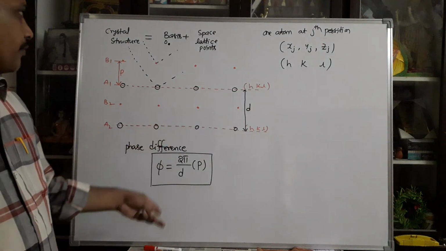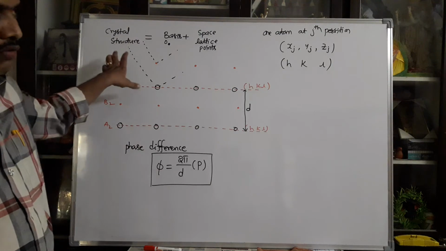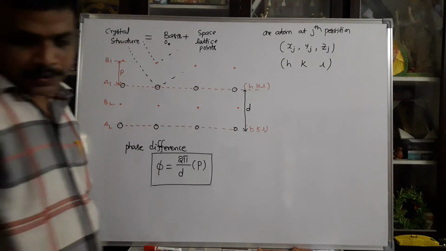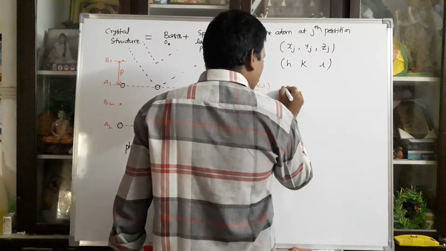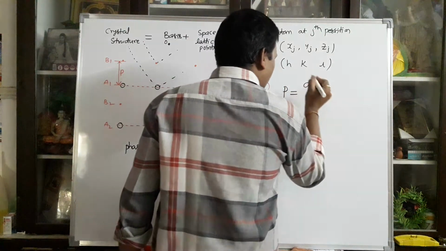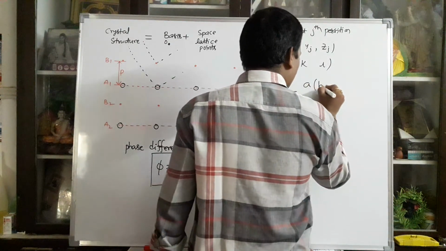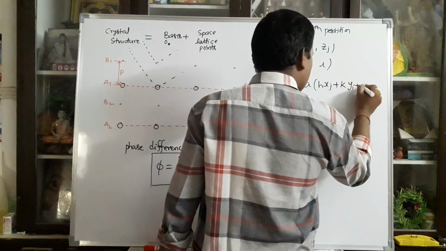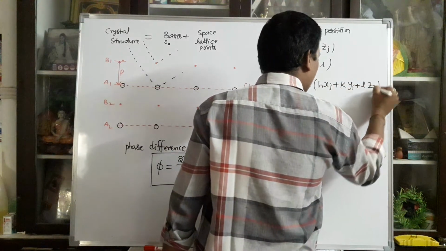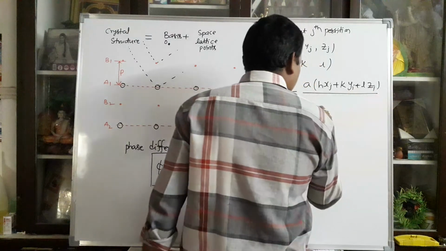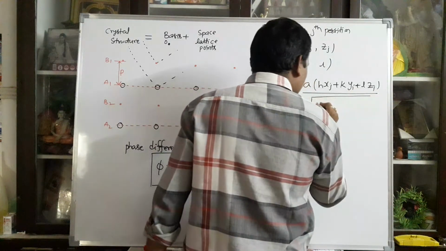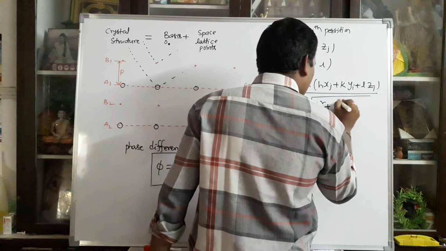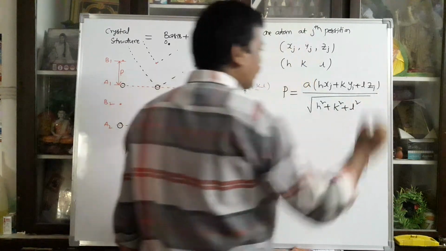From that point of view, the height of the plane between A and B can be represented with a lattice constant: P is equal to a into h xj plus k yj plus l zj, divided by square root of h square plus k square plus l square.